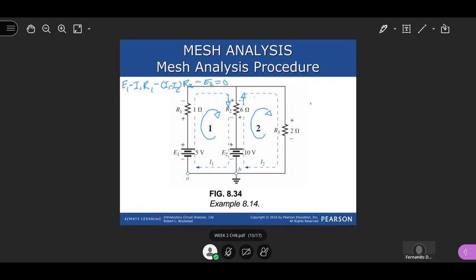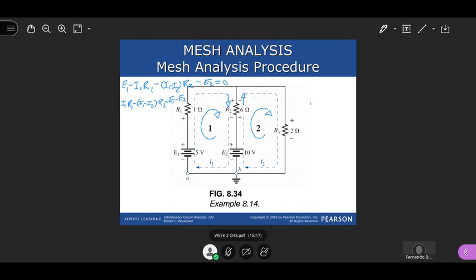So I will rearrange this. If I rearrange, I'm going to have I1 times R1 minus (I1 minus I2) times R2 equal to E1 minus E2.